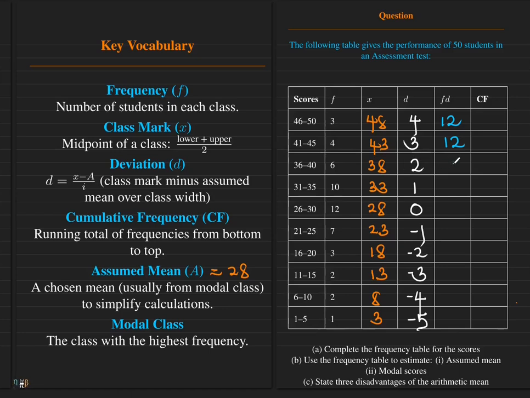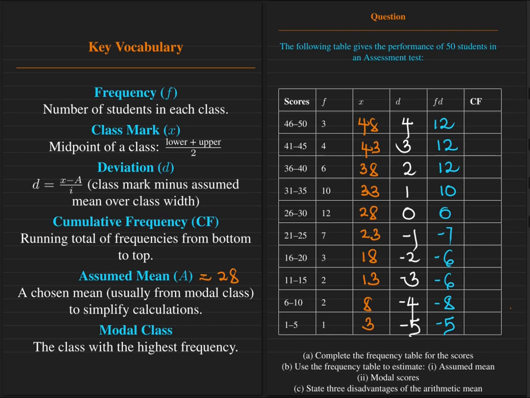Then 6 times 2, we get 12. 10 times 1 gives us 10. 12 times 0 gives us 0. 7 times negative 1, we have negative 7. 3 times negative 2 gives us negative 6. 2 times negative 3 gives us negative 6. 2 times negative 4 gives us negative 8. Then 1 times negative 5 gives us negative 5.